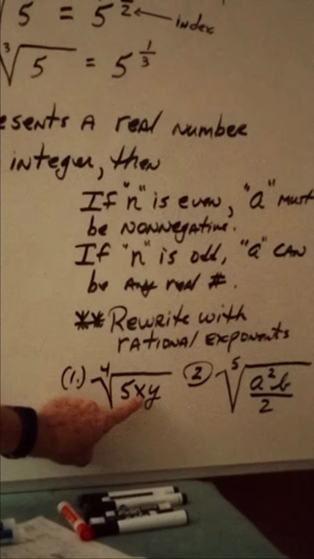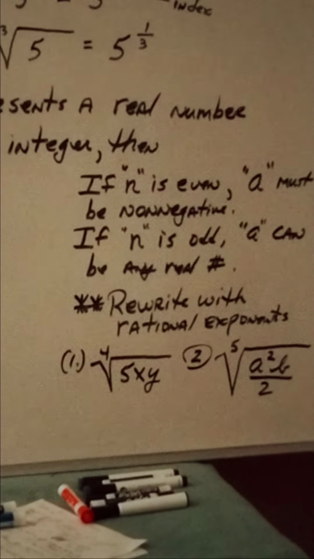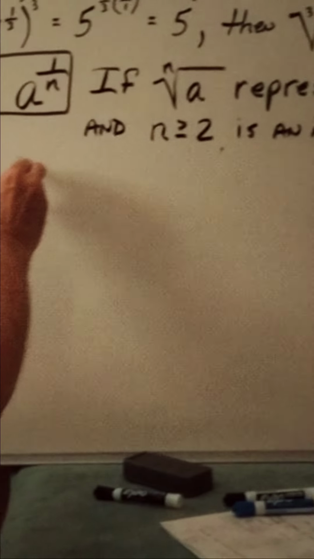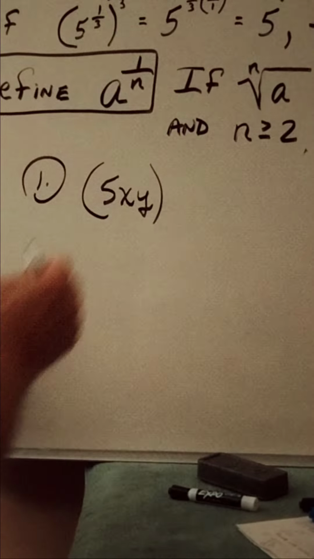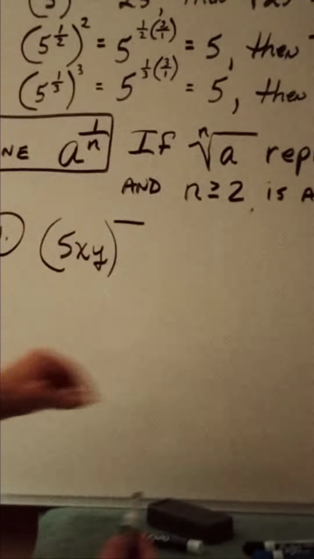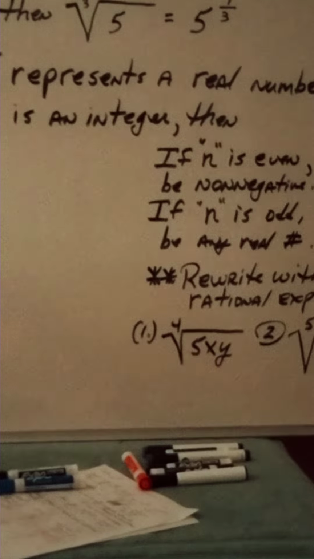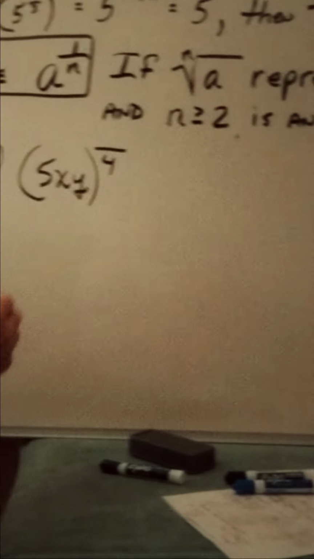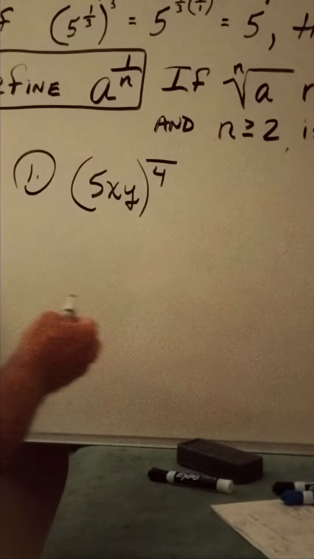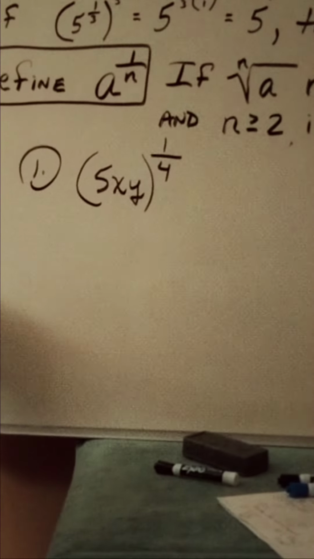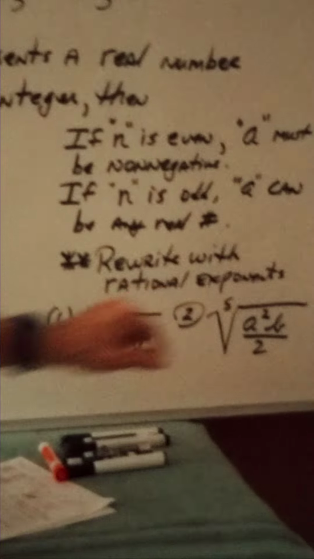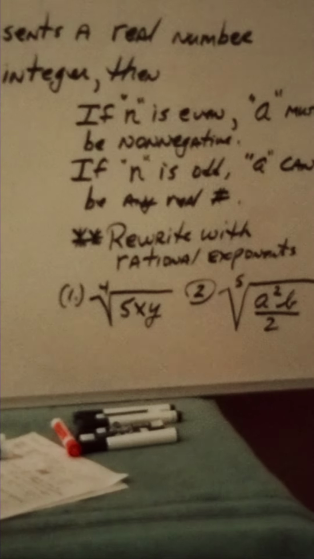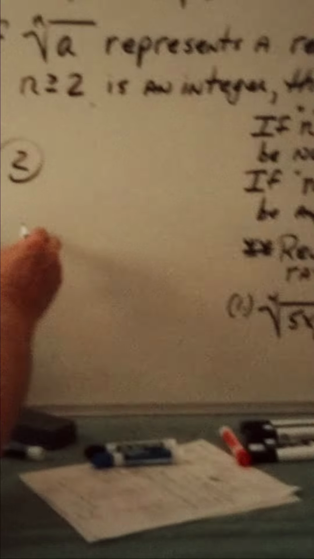The radicand of 5xy becomes your base. So we'll tuck it. Put the fraction bar up there. The index becomes the denominator. And since there's only one of those, the numerator would be a 1, and there's the exponential expression. Number 2, the fifth root of a squared b over 2, we'll make a quantity.